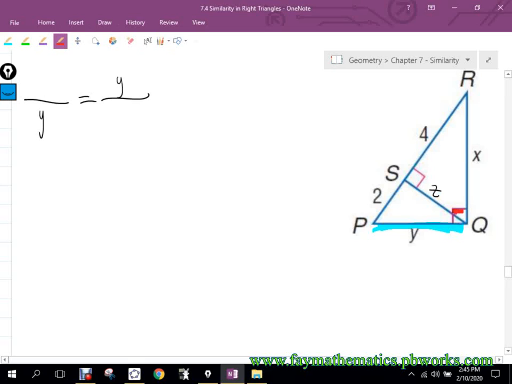P to R. Remember, that's my right angle of the overall triangle, so this is my hypotenuse. So the leg is the geometric mean between the hypotenuse, so 6 is going to go there, right? Okay? Now, what part of that 6 touches the leg that we used? P to S. So 2 is going to go there.